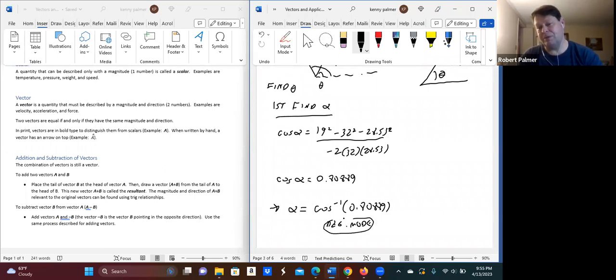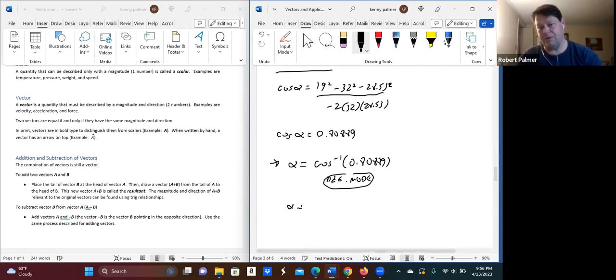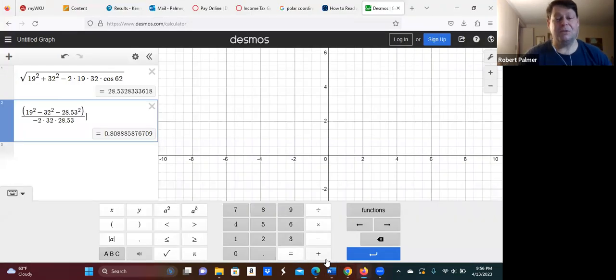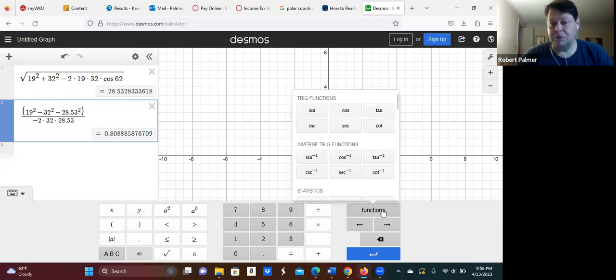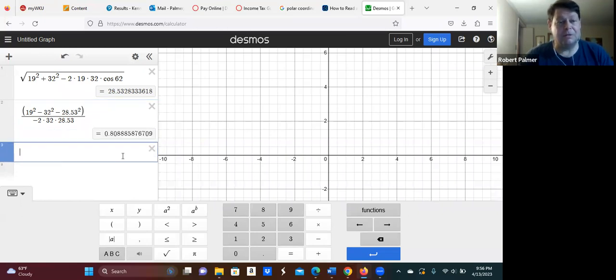Let's make sure you're in degree mode. Otherwise, you get an answer in radians. And make sure you have that in your calculator. So let's find alpha, and let's do the inverse cosine of that. To find the inverse cosine, click on the keyboard on Desmos, go to functions, and then inverse cosine is right here. Oops, that's the wrong place. I'm sorry. Go down here and do that same thing.